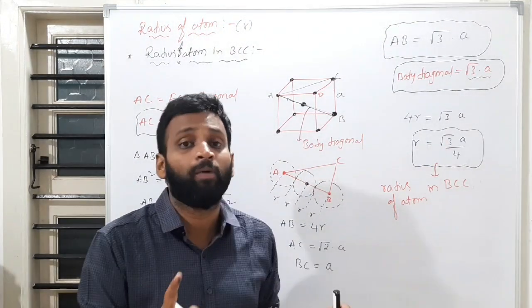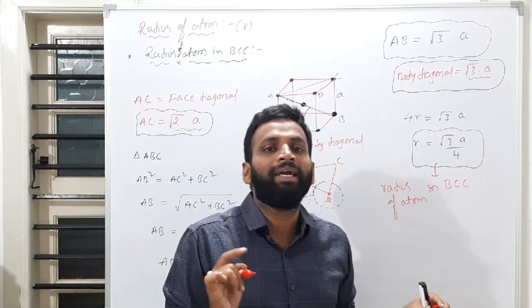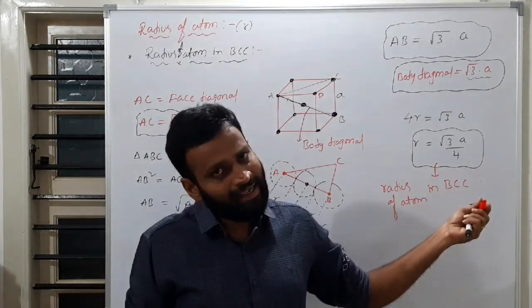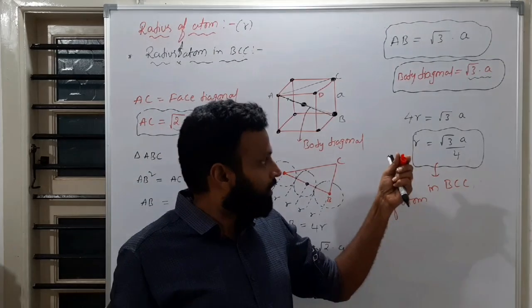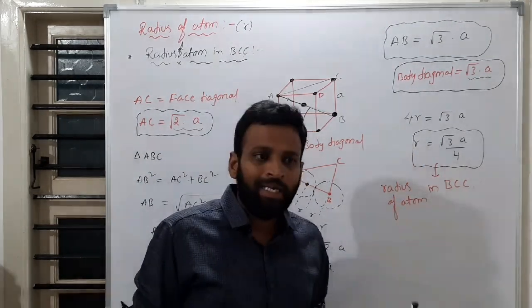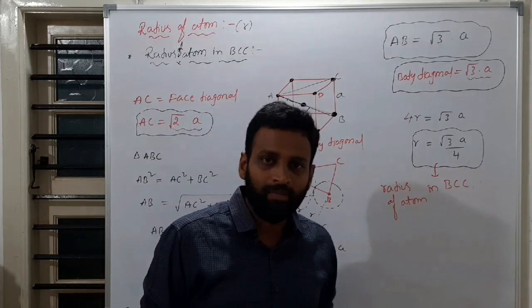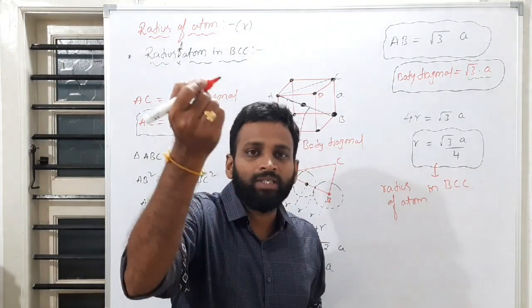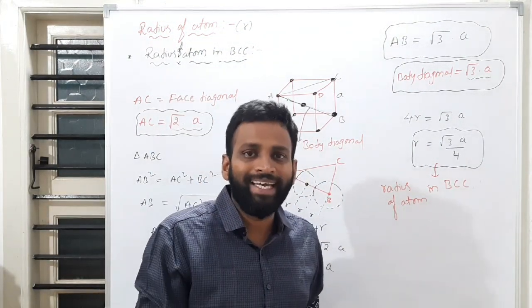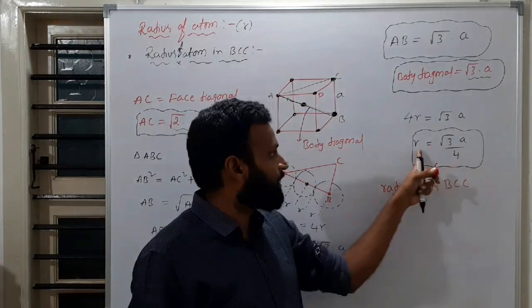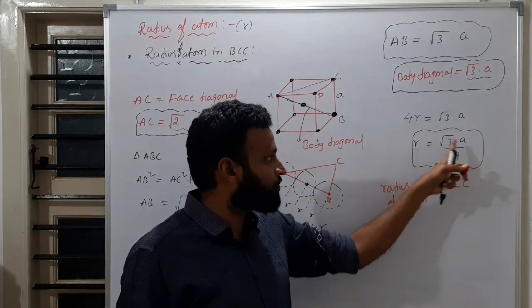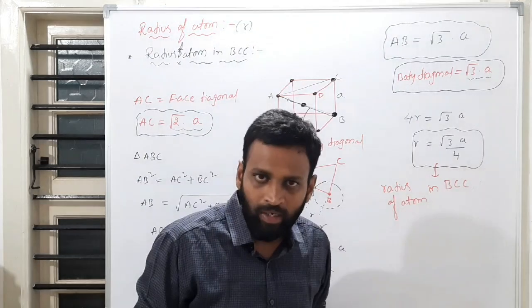These formulas are all very important. We have to solve many numericals. They can directly ask for the radius. Even in density, radius is sometimes required, because density means mass by volume. Volume is a cube, so they won't give a, they will give the radius, and from the radius you can get a. Getting what I'm saying?